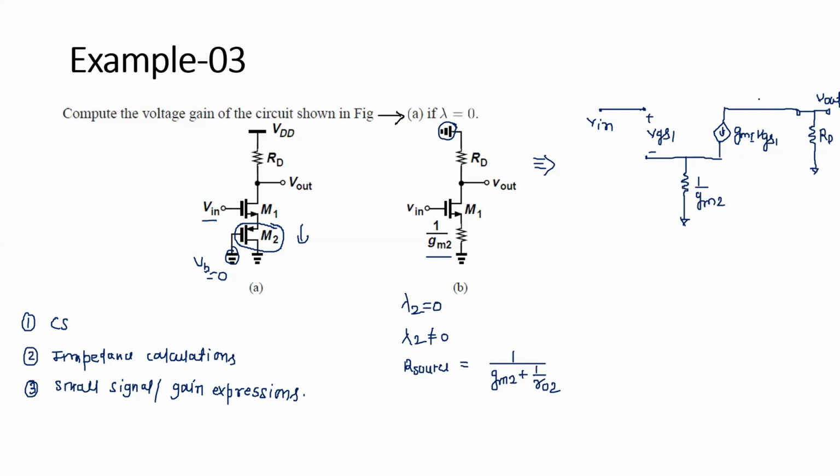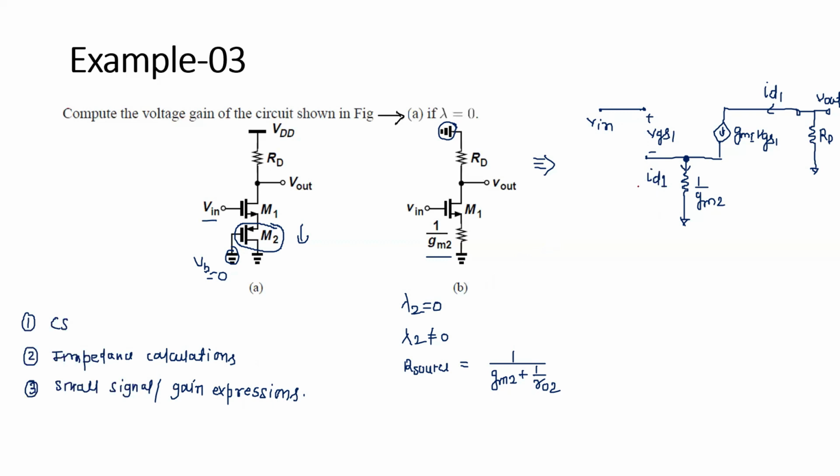So this is your ID1, which is going to flow across this 1 upon gm2 also. I'm changing the color.